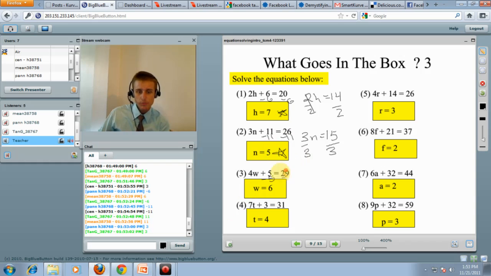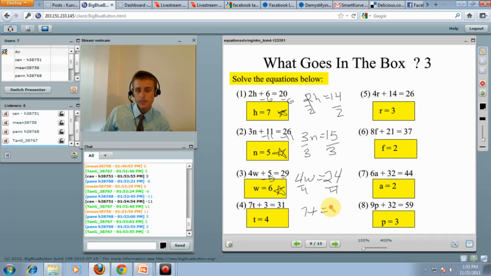So in number 3, we subtract 5 from each side, giving us 4w equals 24. We want to divide by 4, so we get this w by itself. W equals 6. In number 4, subtract what number from each side? 3, correct.